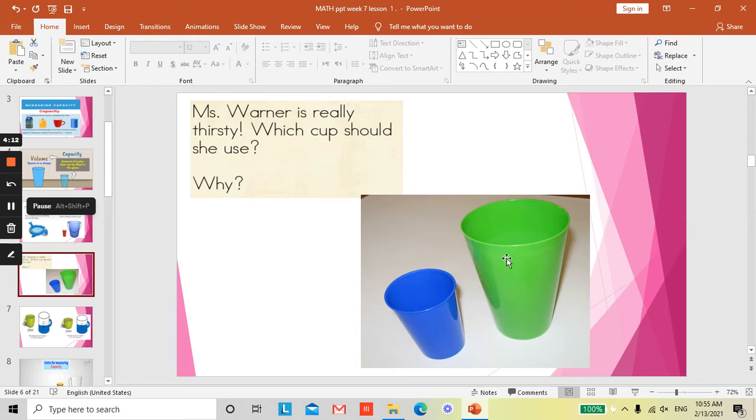The green one is too big for someone to drink water, so we are going to use the blue cup. It is much smaller than the green cup and will therefore hold much less water. So this one is too big and the water is too much. So we will use the small cup. It holds much less water. Let's move.